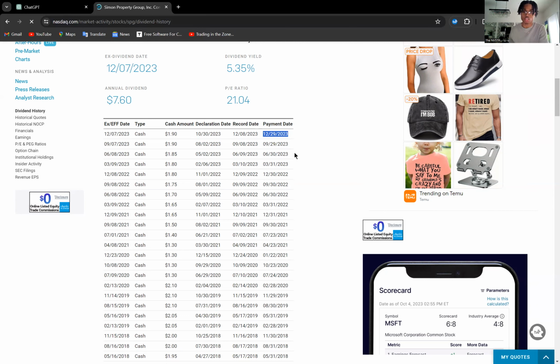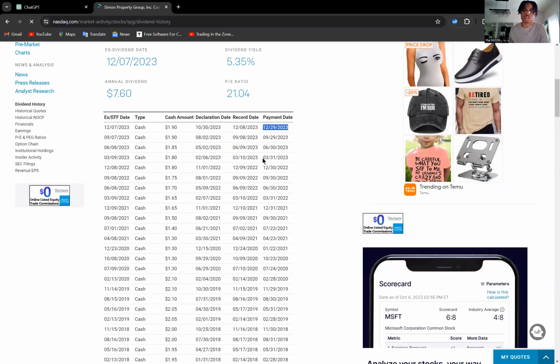So if you were to invest in this stock right now, you would consistently gain a dividend, or a piece of passive income, either reinvested into your portfolio or just paid out in cash value every third month of every quarter.